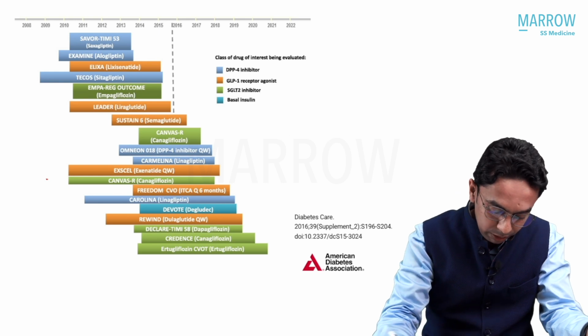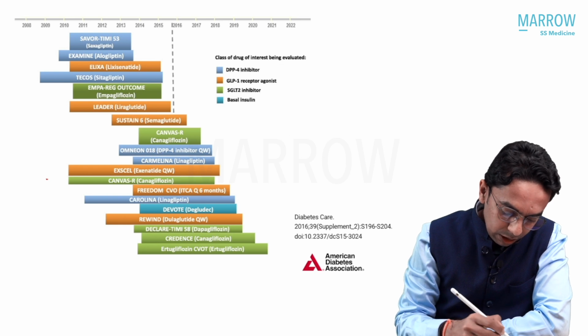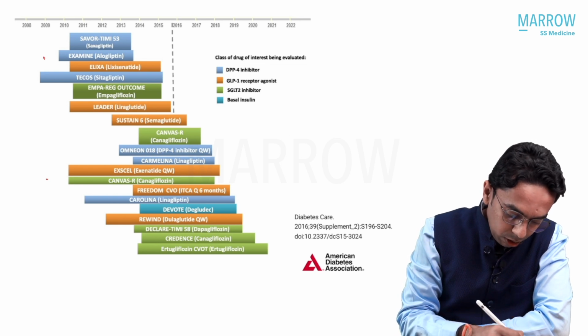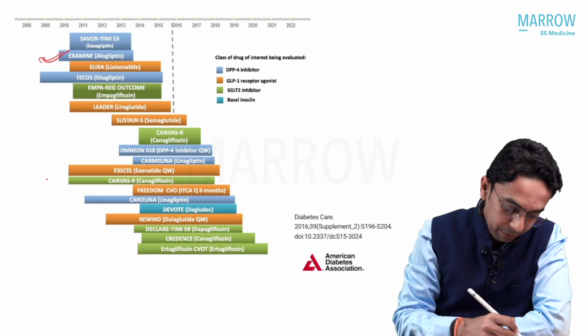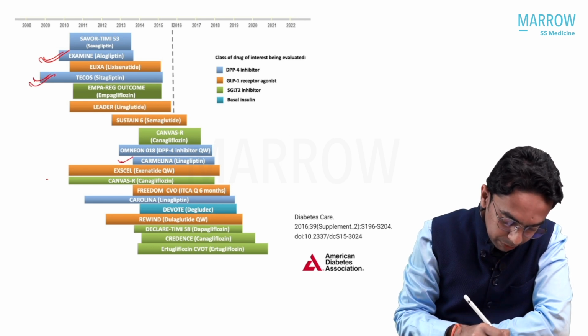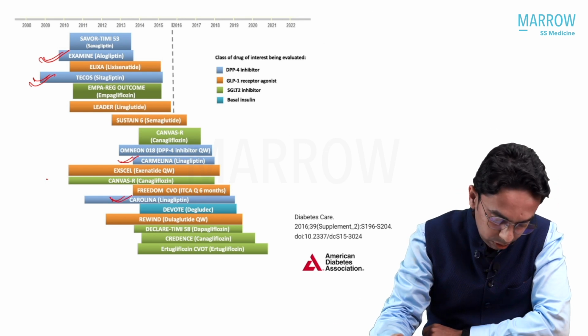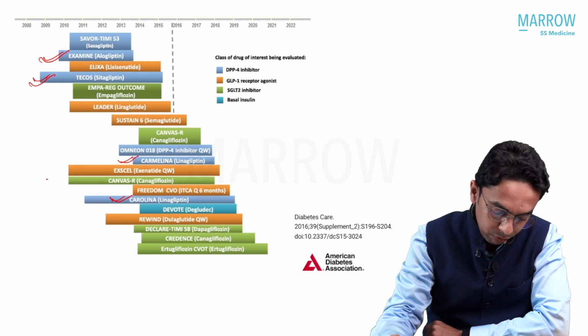You see here, this I have taken from ADA. These DPP4 trials are important. Examine is for alogliptin, TECOS is for sitagliptin, Carmelina and Carolina are for linagliptin. So these trials you should remember for DPP4 inhibitors.